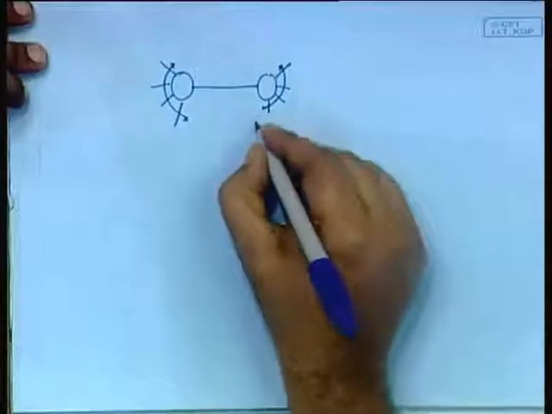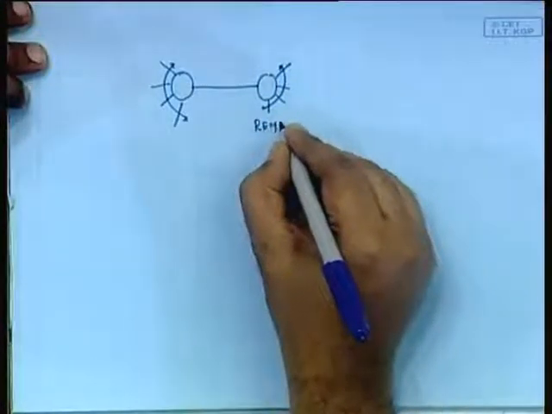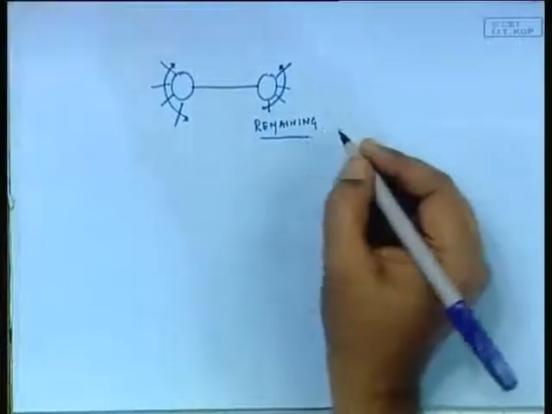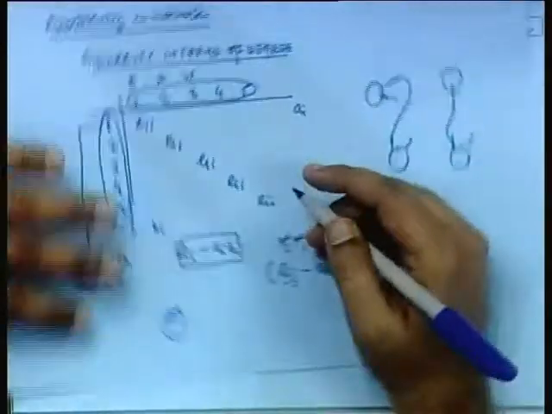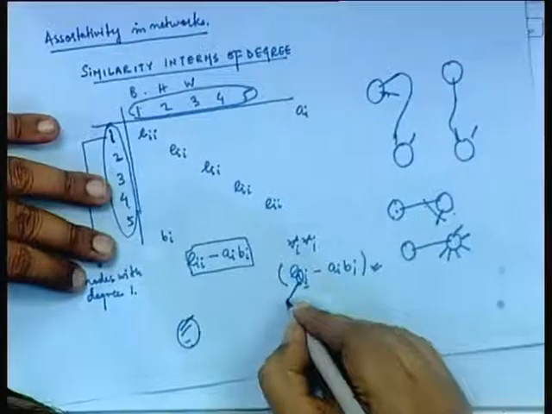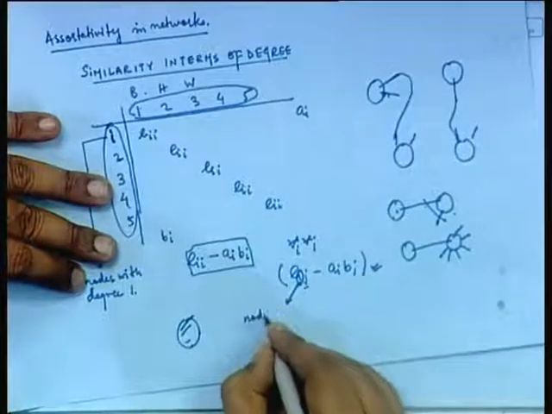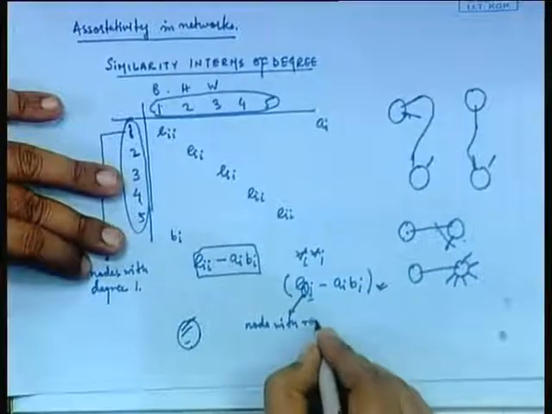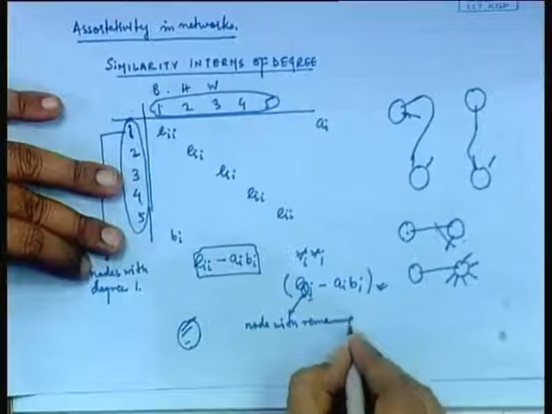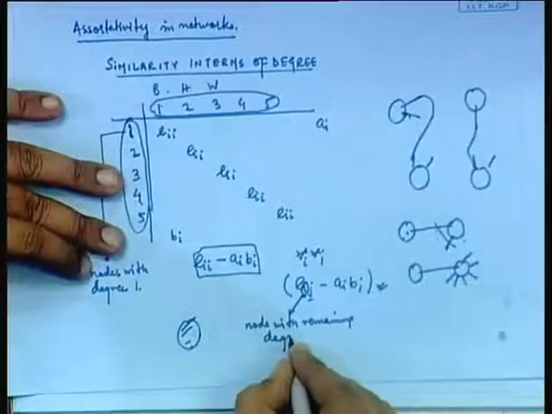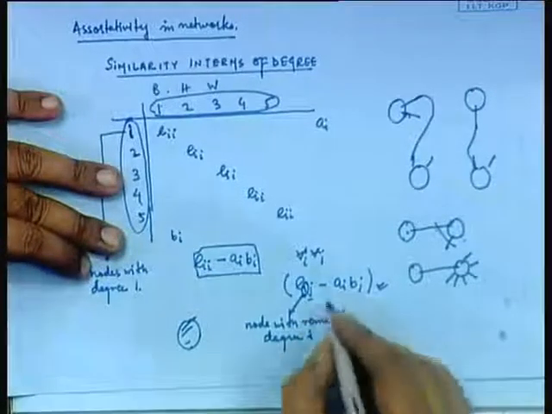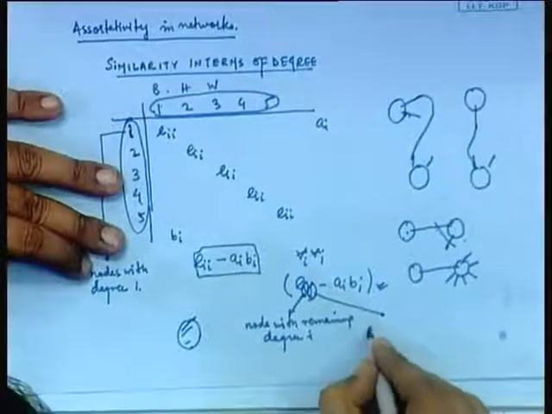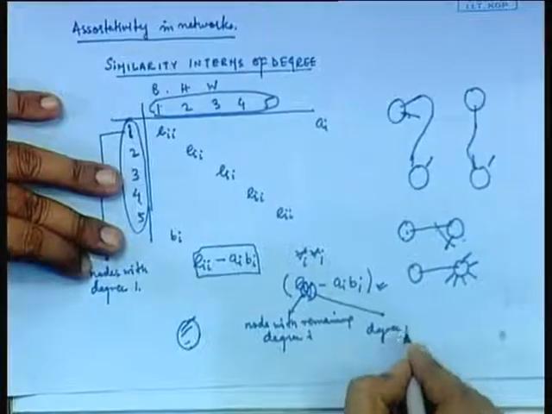This is classically termed as remaining degree. So, when we are considering this e_ij, i is a node with remaining degree i, and j is a node with remaining degree j.